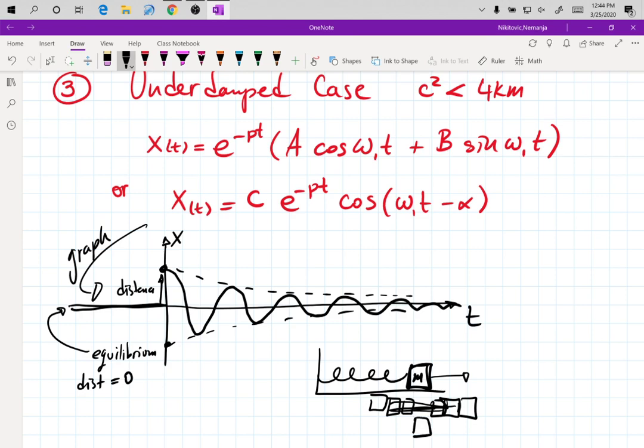You see that this distance d is measured here in a vertical sense, and as the time progresses, the distance from the equilibrium is less and less and less until it stops.